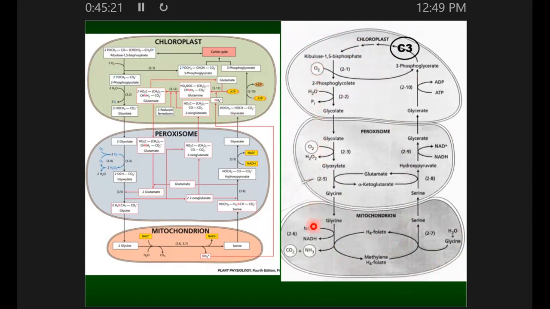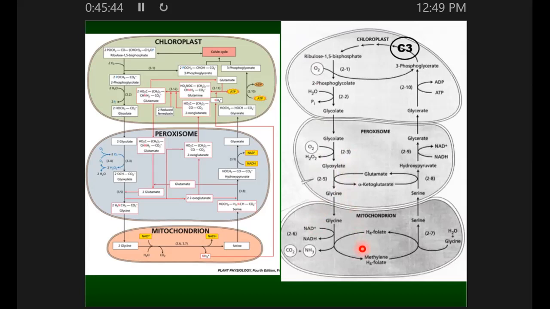Some of the things I want you to know for this pathway is that the plant has to coordinate this pathway through 3 different organelles. So I want you to know those organelles. It starts off in the chloroplast, and then some of the intermediates have to find the peroxisome next and do the next phase. And then after that, the intermediates have to go into the mitochondria of the plant and do the next part.